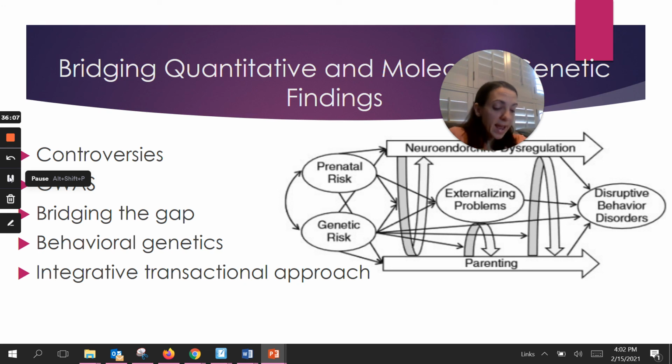The GWAS studies have helped get molecular genetic findings closer to results from quantitative genetics studies. As we said, it's a little bit better because it studies the whole genome. But we do have to bridge that gap. So investigating polygene, or more than one gene, correlations and interactions with the gene-environment correlation and interaction is the next step.